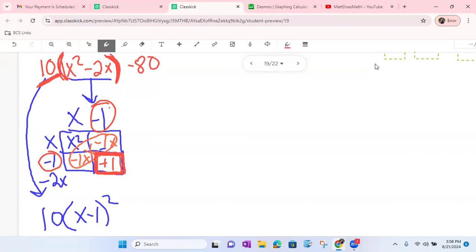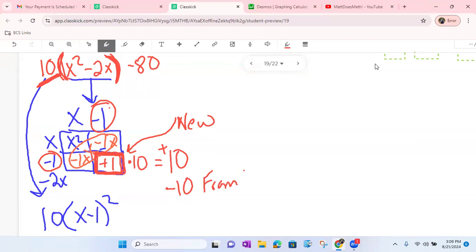So what I really need to do is multiply this piece by 10. So 1 times 10 gives me a value of 10. And that's the uh-oh moment because this is new to the equation, okay? And because we're changing the equation by a positive 10, we are now going to have to subtract 10 from the end of the equation.